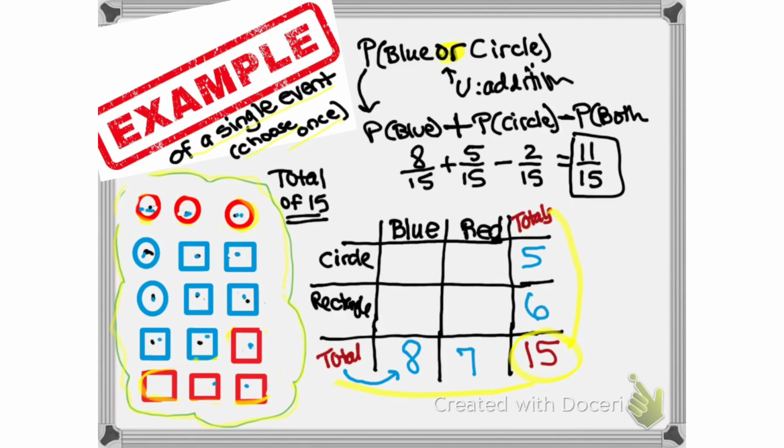And what should happen is you should be able to add down and be like, well, 5 plus 6 and 8 plus 7. So 8 plus 7 gives you 15, but 5 plus 6, I did something wrong. My total circles is 1, 2, 3, 4, 5. My total rectangles is 1, 2, 3, 4, 5, 6, 7, 8.